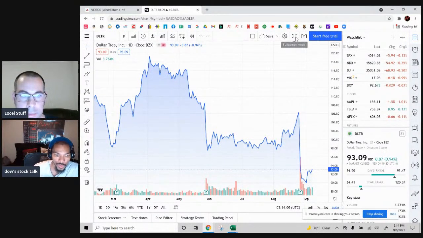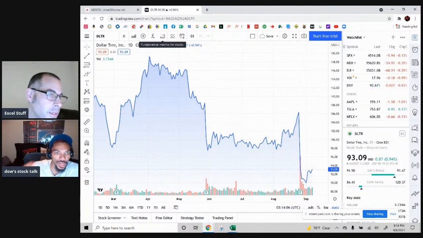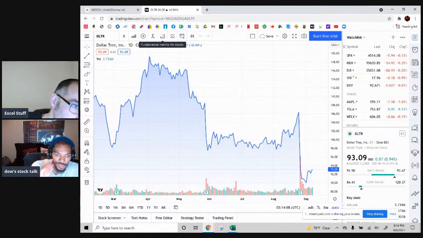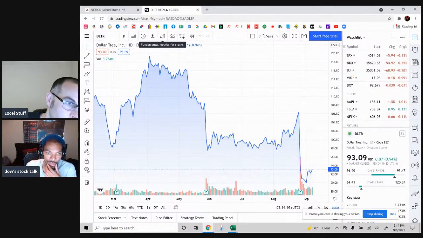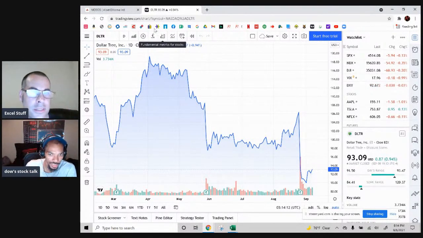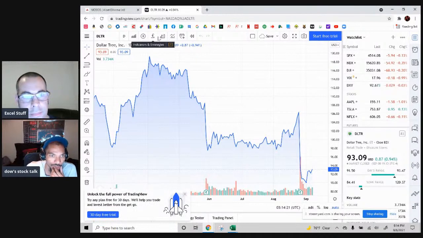I don't know how familiar you are with it, but what I normally do is, there are different types of charts. Can you change it to candlesticks? It should be under indicators or something like that.